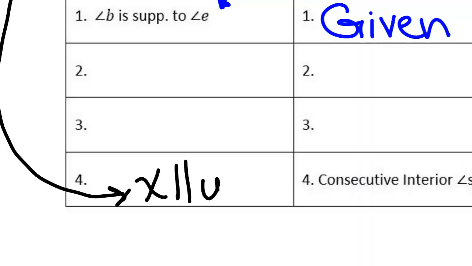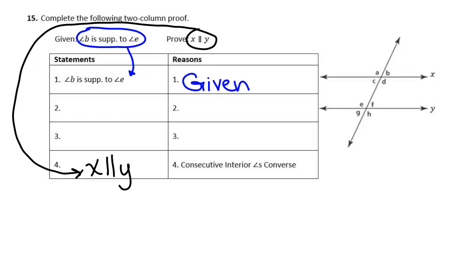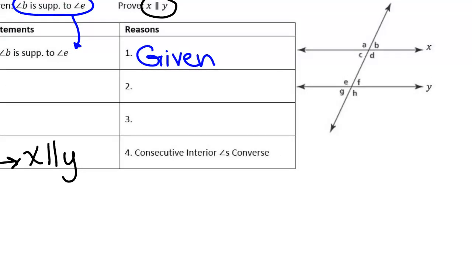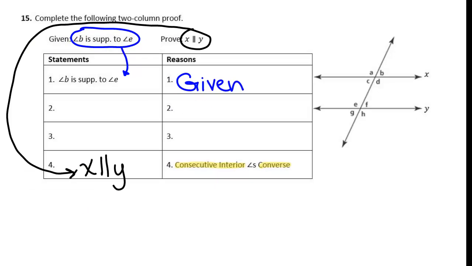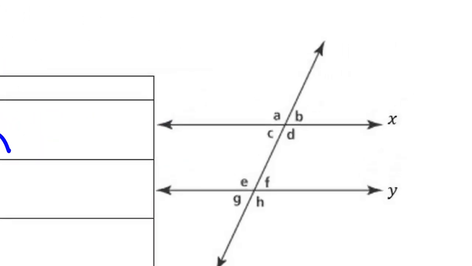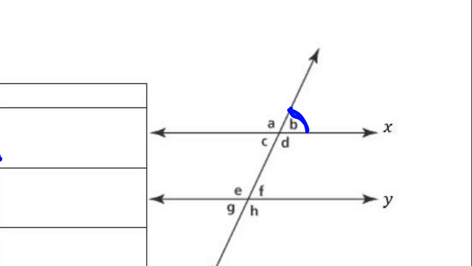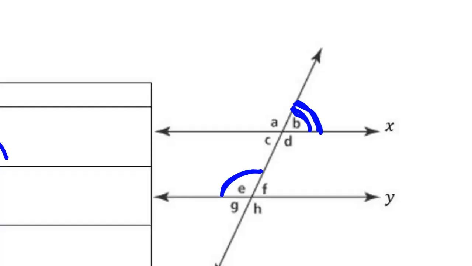X parallel to Y. It says we are going to use the consecutive interior angles converse. So let's go find the two angles that it talked about at the beginning, angle B and angle E. So here's angle B, and here's angle E.